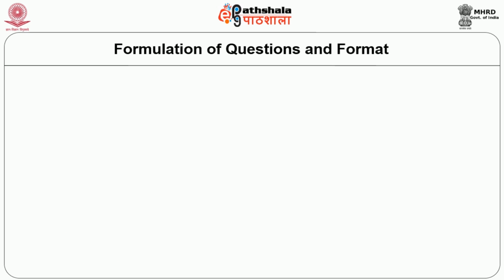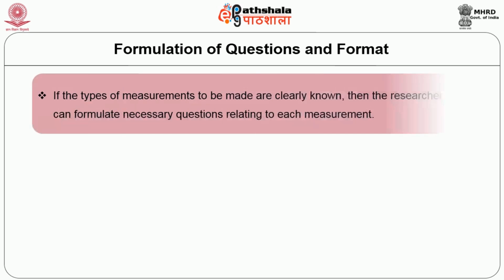Let us now see about the formulation of questions and its format. If the types of measurements to be made are clearly known, then the researcher can formulate necessary questions relating to each measurement.